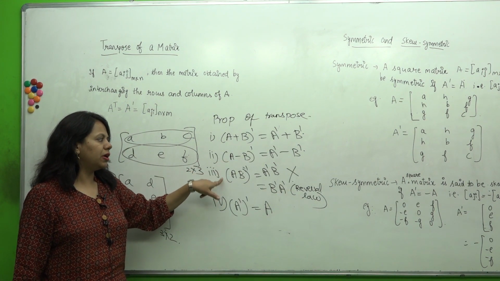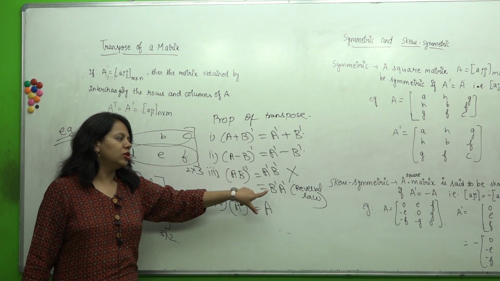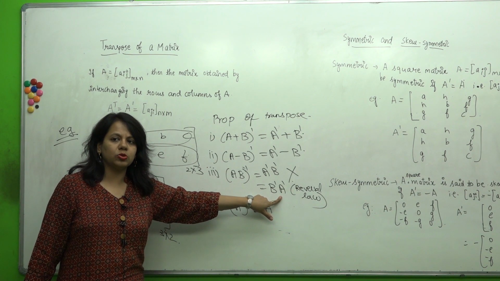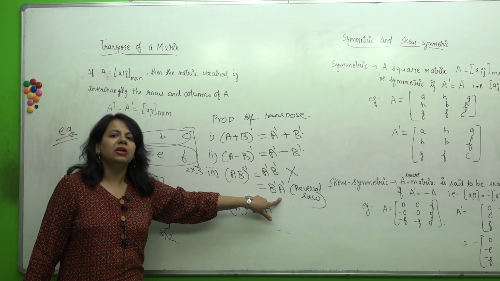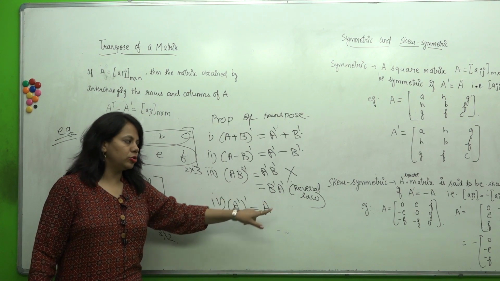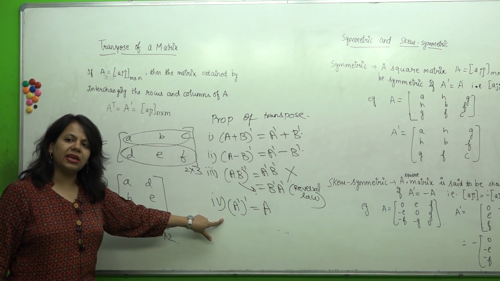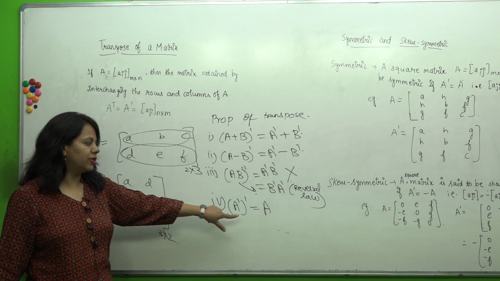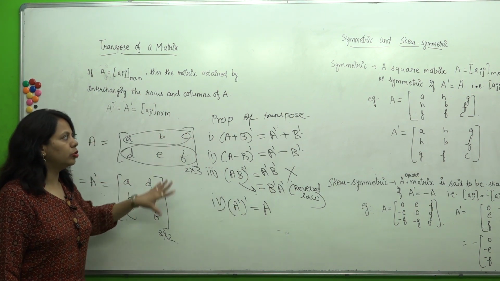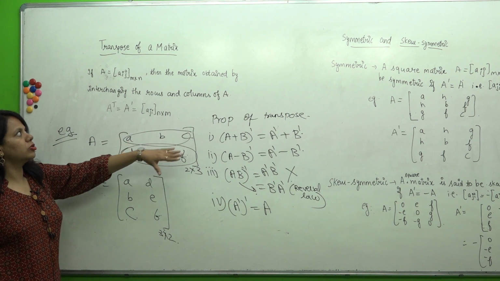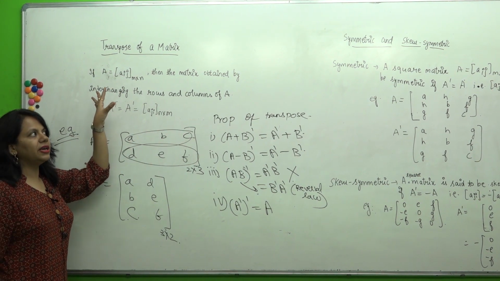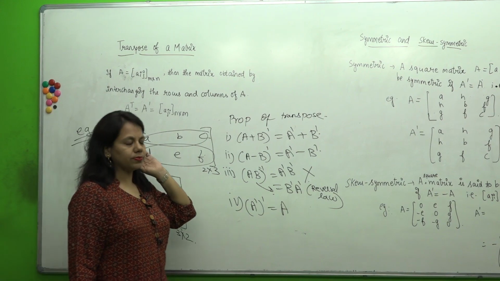Then (AB) whole transpose would give me B transpose A transpose. It will not give me A transpose B transpose. Please do remember, this is the correct explanation for it. And then (A transpose) whole transpose would give me A. You can make a note of these properties of transpose as well as the definition of transpose.